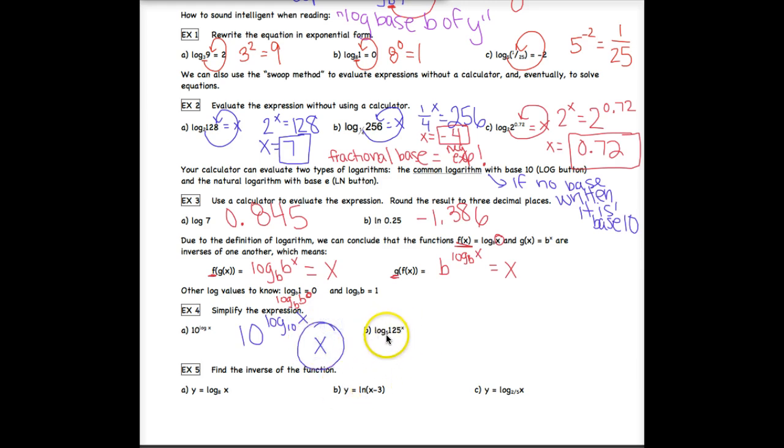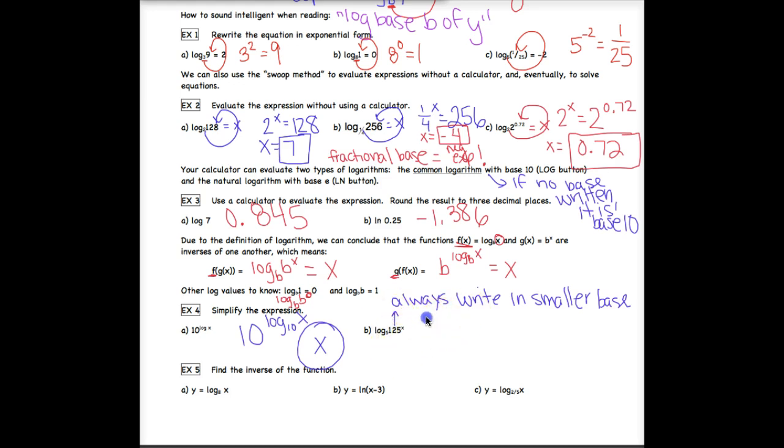Here it seems like I can't use the property. But 125 is a power of this base 5. So we need to rewrite it in order to simplify. So always write things in a smaller base if you can. So 125 we could rewrite as 5 to the third.